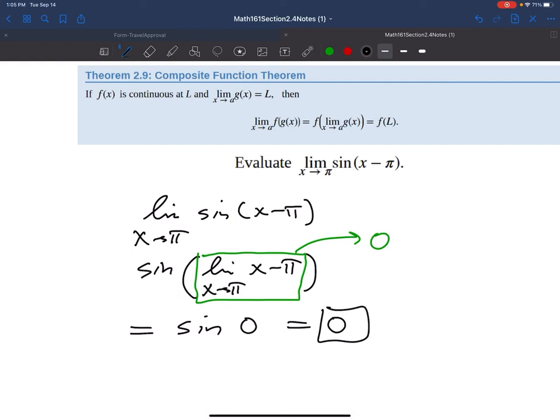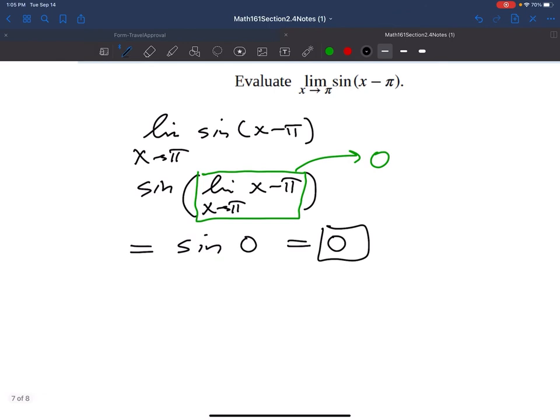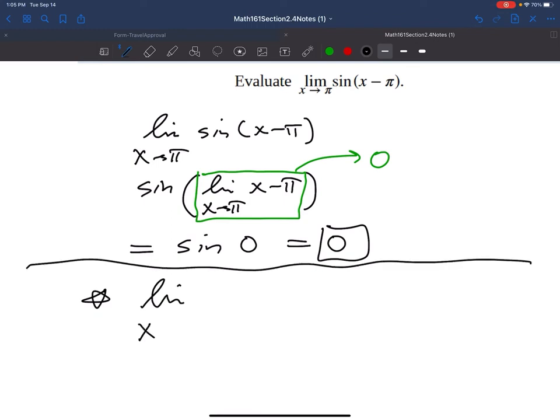The only glitch we could have, guys, is if inside I get a value that is not a place of continuity for the outer function. An example where I'd run into a problem is if I told you to do the same thing, the limit as x tends to pi of the ln of x minus pi.